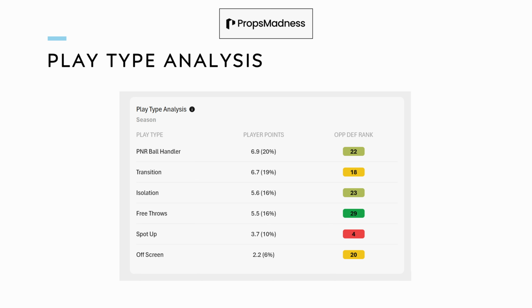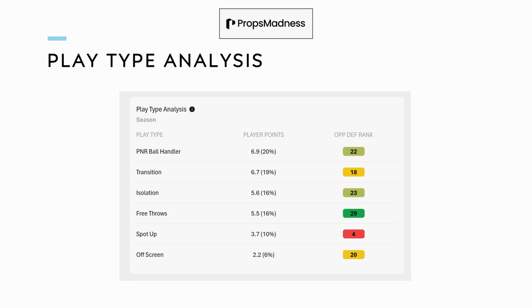Right now, we can see that Jaylen Brown has a pretty even distribution, right? 20% of his points are coming from the pick and roll ball handler, but then also 19% in transition, 16% ISO, 16% free throws. So it's pretty diverse, right? You're going to see some different players that have a bigger discrepancy in terms of the percentage of points stemming from particular play types.